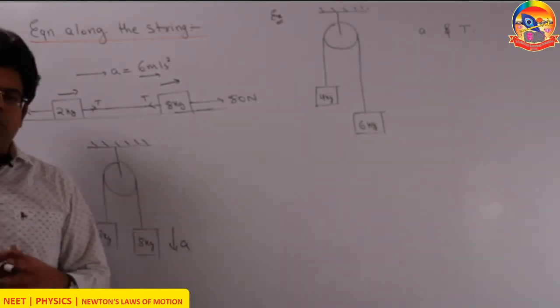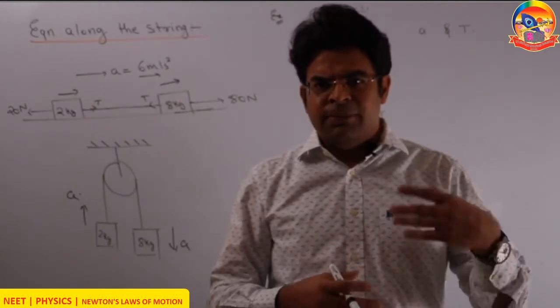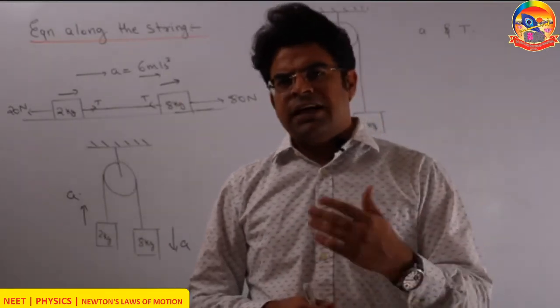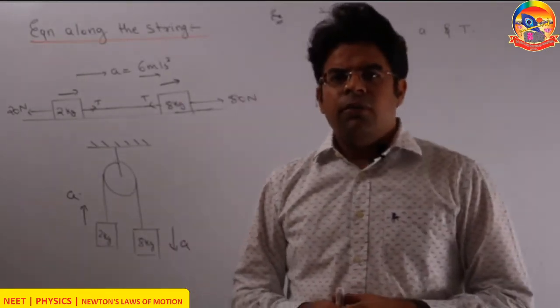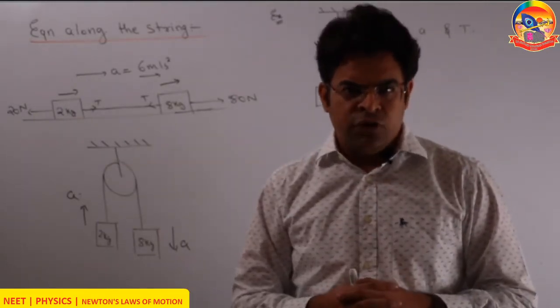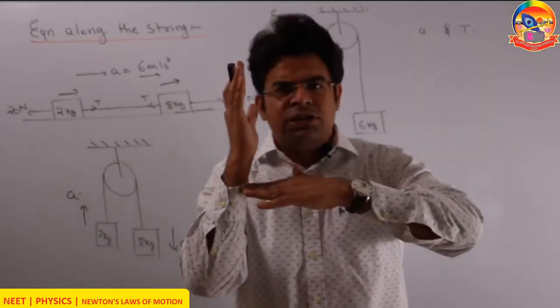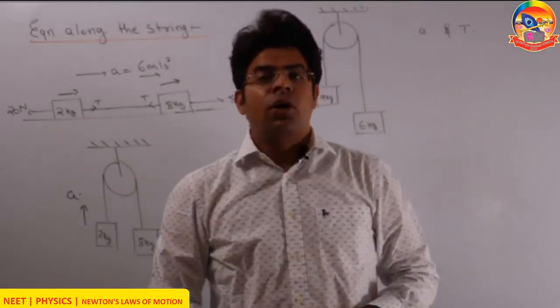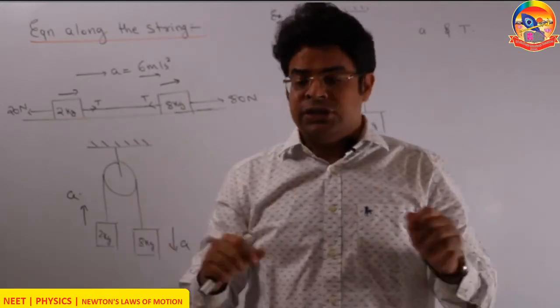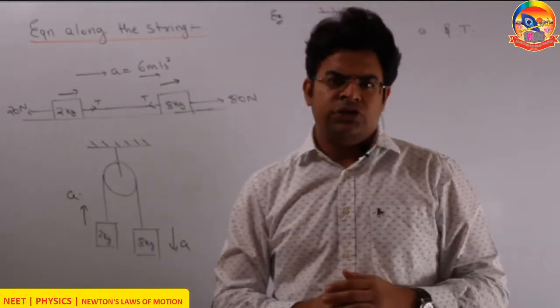If you would have continued your course of, let's say, mathematics after class 12, you would have known mathematics gives you the liberty to choose the axis as you want. You can have a straight axis, you can have two perpendicular axes, you can have two axes at some angle. Moreover, you can have a curved axis. So now here we use the concept of equation along the string.